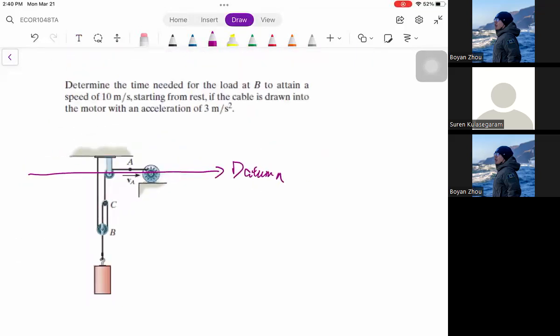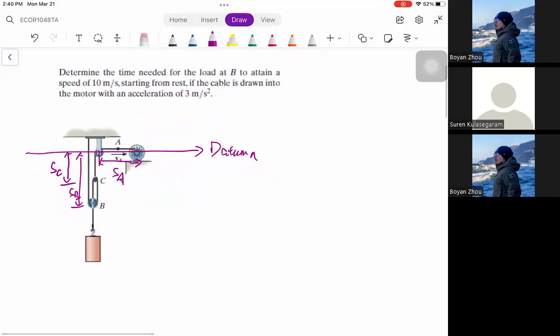Then I'm going to measure SC like this, and SP like this, and SA is not going to change. So that is one way to set up the datum.